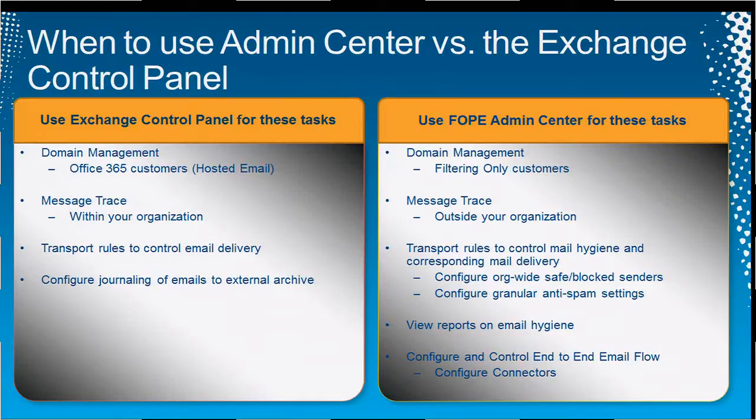The options of quarantining, encrypting or decrypting a message are again rules specified in FOPI Admin Center and not in Exchange Control Panel. The other value add is FOPI connectors, where you want to control mail flow end to end, which is available only in FOPI Admin Center.